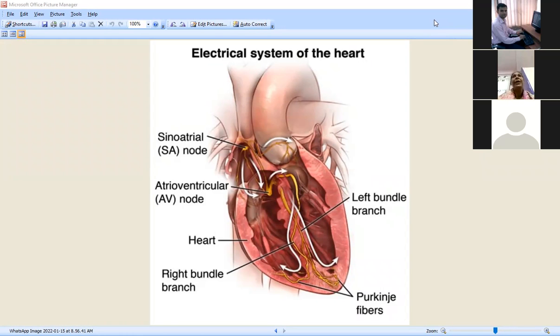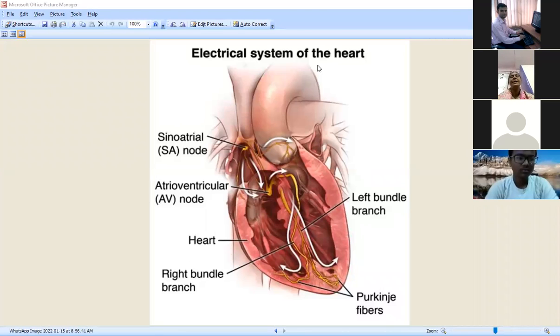And in 1 minute, our heart beats 60 to 100 times as per our body's need. Again, I am repeating, in 1 minute, our heart beats 60 to 100 times, as per the need of our body.